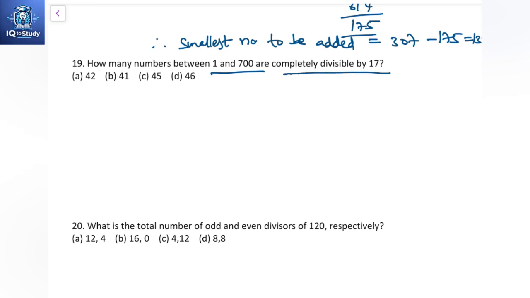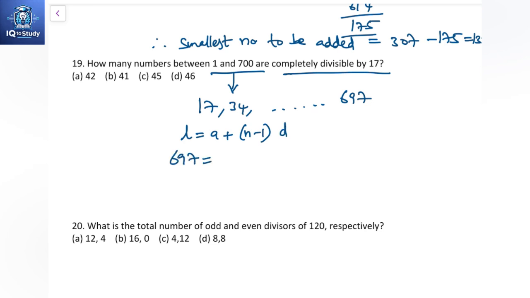How many numbers between 1 and 700 are completely divisible by 17? The numbers between 1 and 700 exactly divisible by 17 are 17, 34, and so on, 697. We know that l is equal to a plus n minus 1 into d. The last term is 697 and the first term is 17, number of terms n, difference is 17.